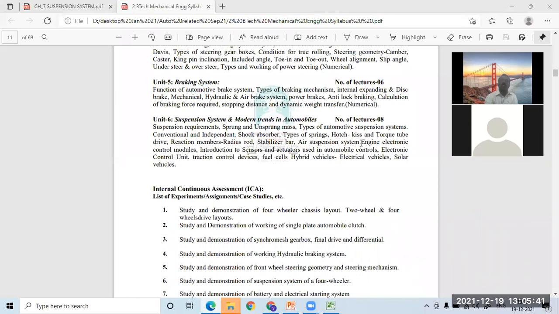Up to this, we have the chapter for suspension. And from here onwards: engine electronics module, introduction to sensors and actuators used in automobile controls, electronic control unit, traction control devices, fuel cells, electric vehicles, solar vehicles. All this is the modern trends chapter. Earlier they were separate chapters, now they are combined into one.